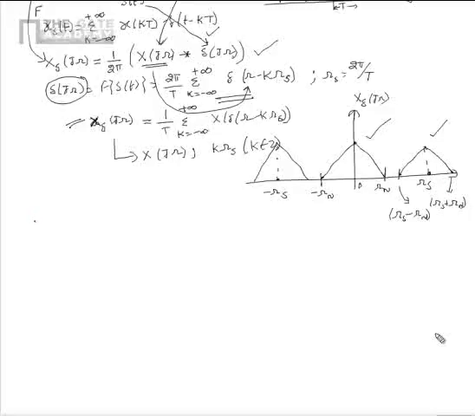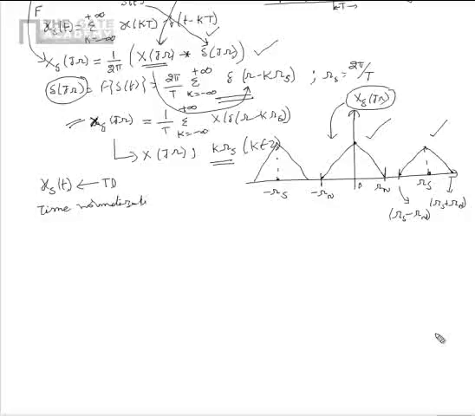From this, we see that after sampling, we got xs of j omega, which contains many frequency bands similar to x of j omega, separated by k into omega s, where k belongs to z. But the signal xs of t we got here is still in time domain. So we do something called time normalization.